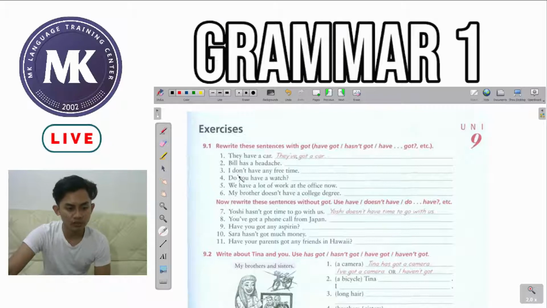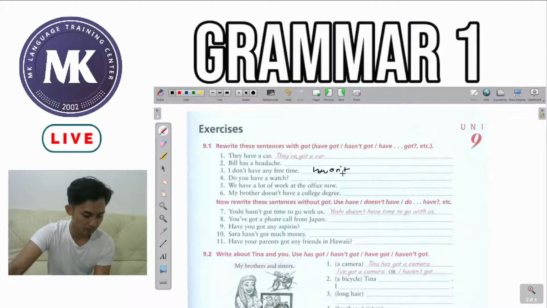So we remove the don't and we replace have with haven't. So again, have, then not, apostrophe T, N-O-T. The apostrophe represents the removed O.